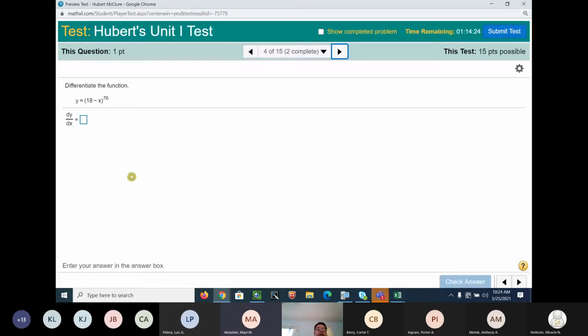All right, differentiate. This is the chain rule. Y is equal to 18 minus x to the 76th power.